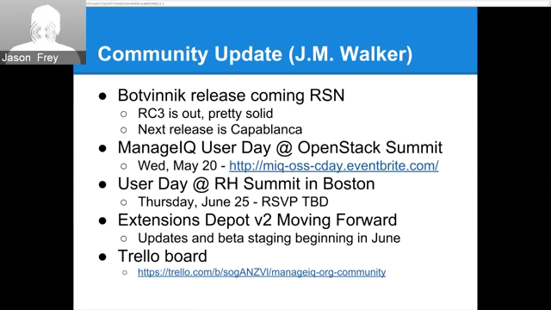I just want to add one thing to the Botvinnik release. Between RC2 and RC3, we pulled over 226 pull requests from the master branch, almost a good majority of which were bug fixes, and there were a handful of features that sort of required the fixes to come along. And those 226 PRs amounted to about 362 commits.